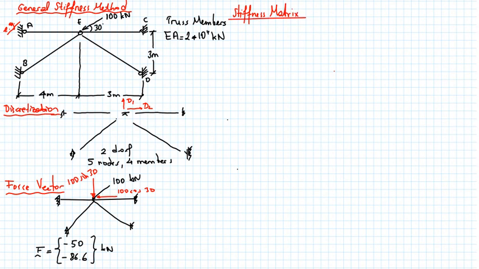Nothing changes actually. So case 1, we give a unit translation in D1 direction. D1 is equal to 1 and D2 is equal to 0. That's our first case. Now let's draw the free body diagram.